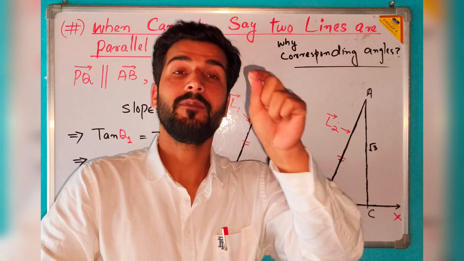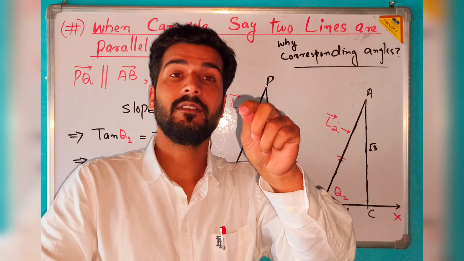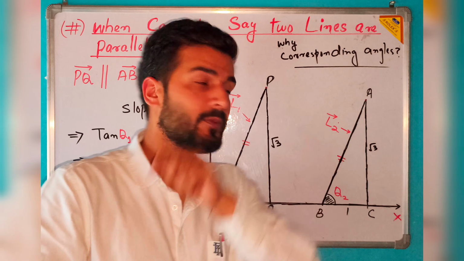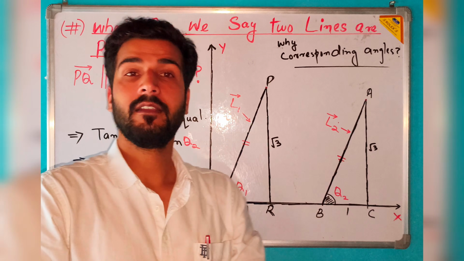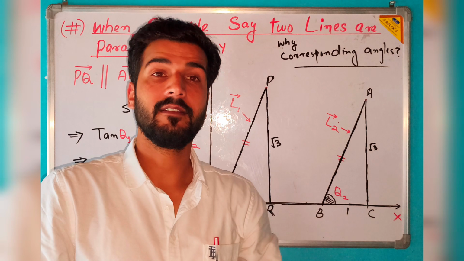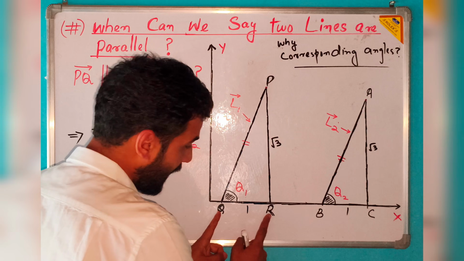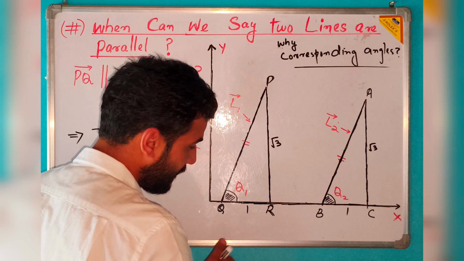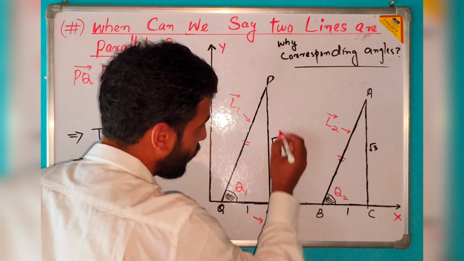So how can we prove this mathematically? We can prove this mathematically whenever we find their slopes. So from slope, what do we mean? Slope of a line means rise over run. How much distance it has traveled on the x-axis, which is run, and what is this?